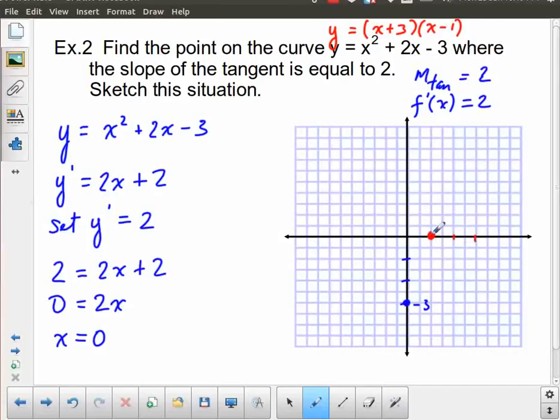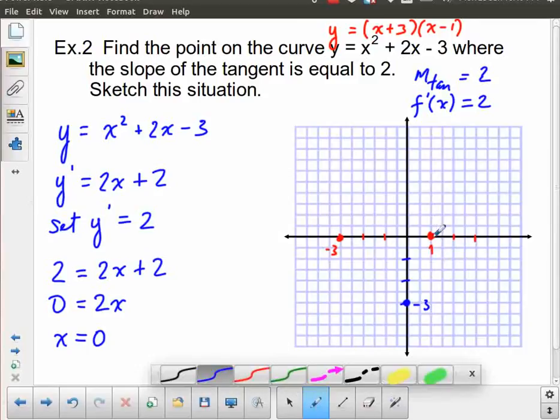So that means one of my zeros is here at positive 1. Another one of my zeros is over here at negative 3. And from here we can actually see quite clearly that my axis of symmetry is halfway in between at negative 1.